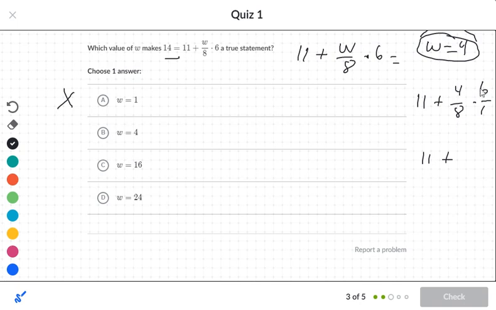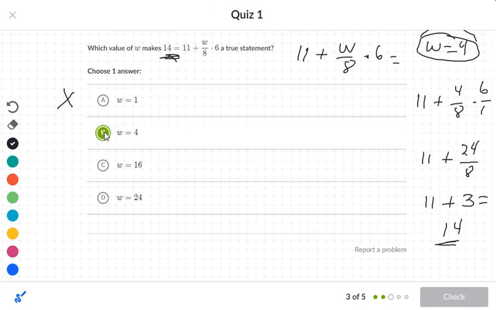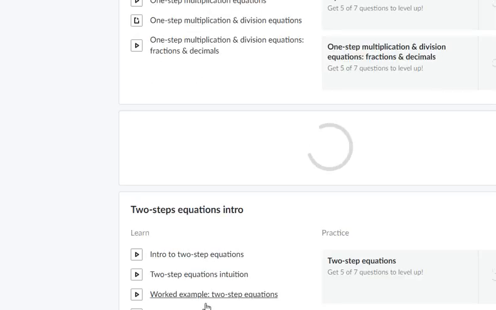I'm going to multiply here, so 4 times 6 is 24 over the 8. Well, 24 divided by 8 is 3, and 11 plus 3 is 14. That's what I want it to be, a 14. So B is my answer. Again, I had 4 over 8. I replaced this W, put down the 4, and then I said 6 over 1.